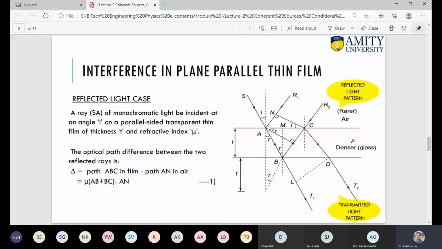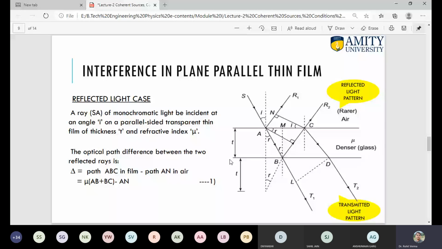And that is why the transmittance, the reflectance, and the absorbance sum to 1. Keeping that in mind, if we suppose that the absorptivity of the medium is very small, we can say that from the point A, some portion of the light ray is reflected along the direction of R1, and some portion is refracted along the direction of AB.